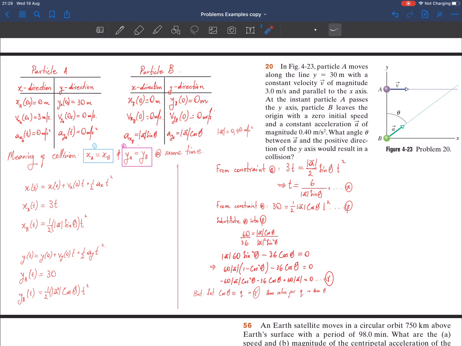What is different is that its acceleration is constant with a magnitude of 0.4 meters per second squared. But because this acceleration is at an angle, we need to resolve it into its x component and y component. And I have done so over here, and these are the respective components.